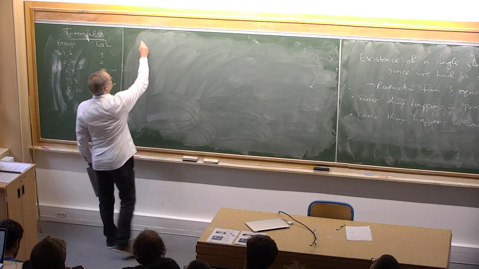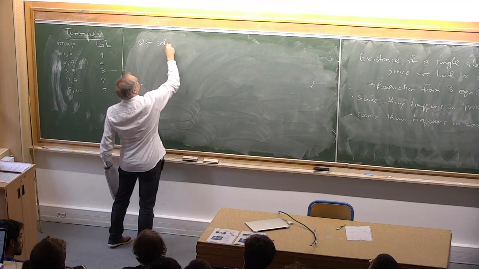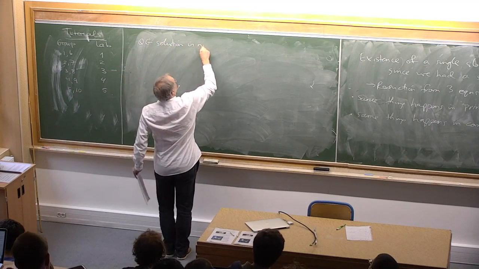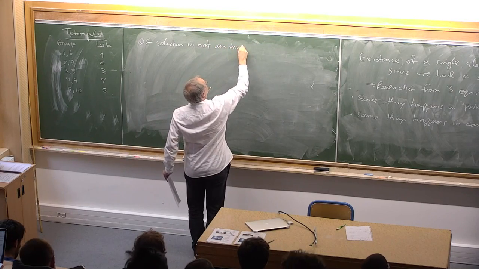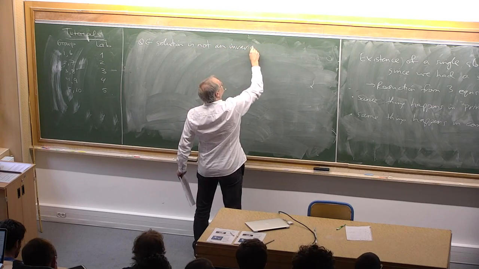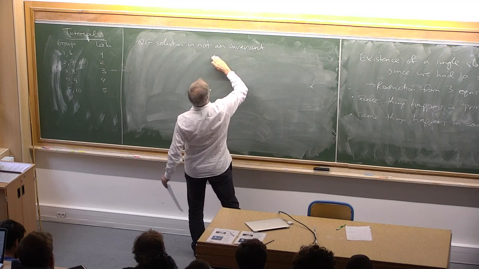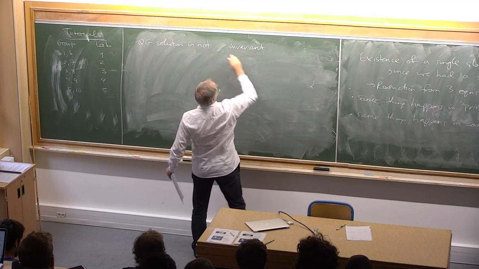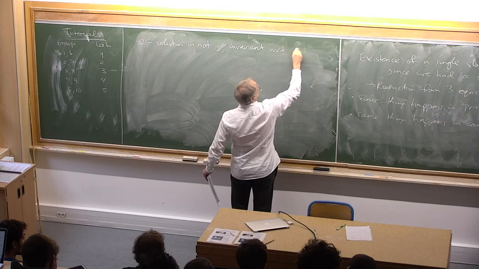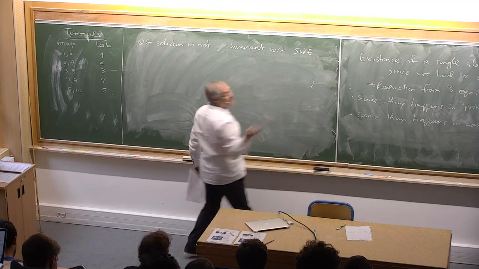So very important that the QG solution is not an invariant manifold, or does not live on, I don't know the right terminology. I should say it is not invariant with respect to the shallow water equations.